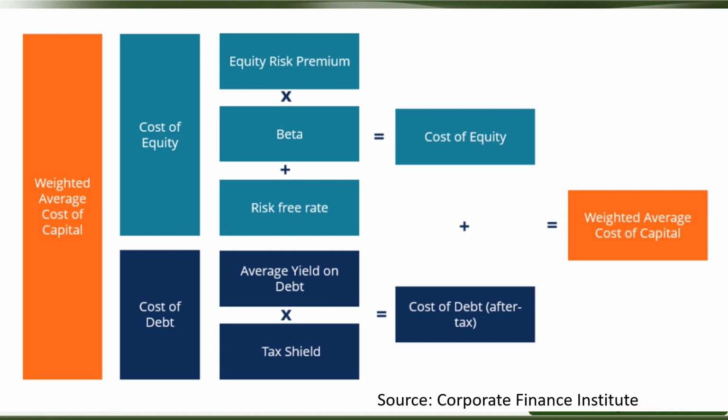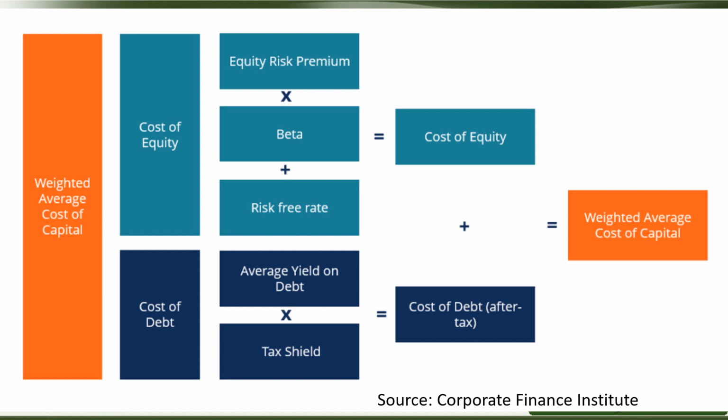Then we get the cost of equity, and with that we put the weightage: of the total financing, how much is the portion of equity capital. For example, if it is 50% debt, 50% equity, that means 50 by 100. You multiply that in order to get the weighted average cost of capital.